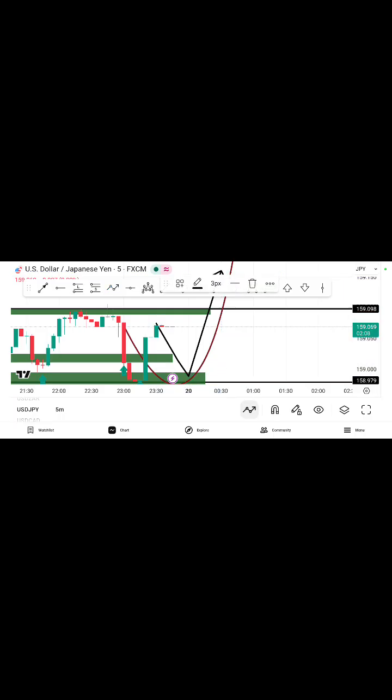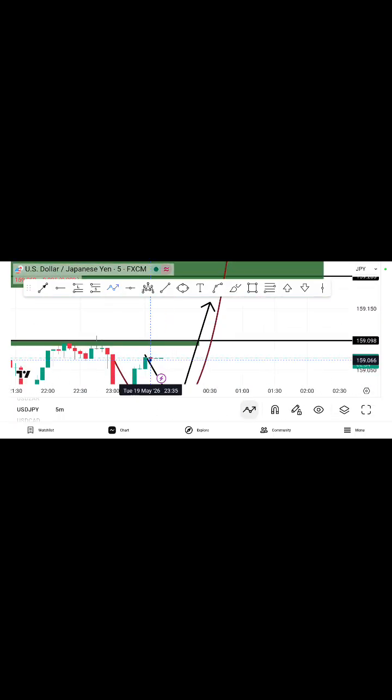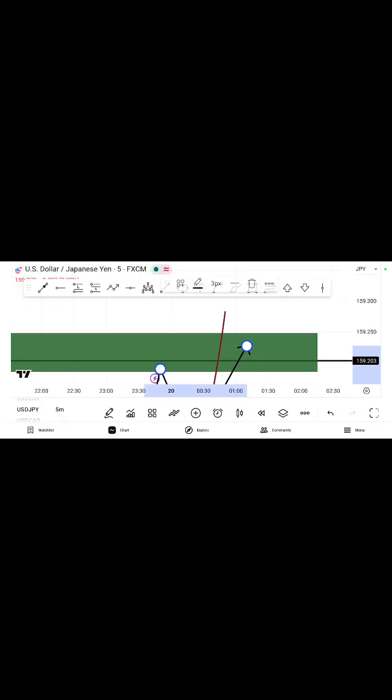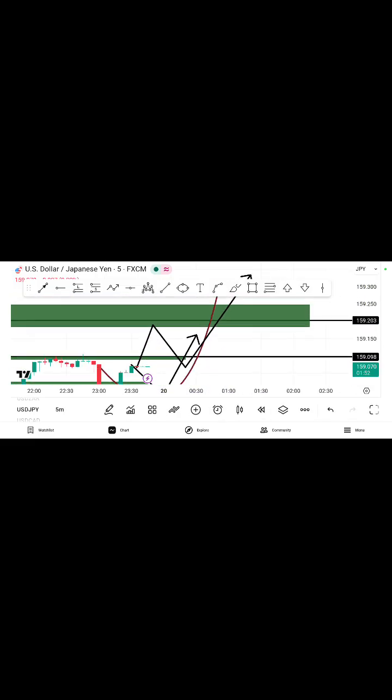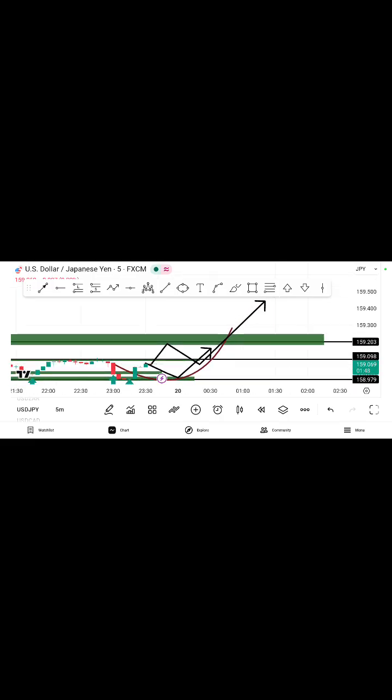Or we must wait for the market to break, come and retest around here. It might dip, it might do whatever it wants, but around here, this is where we buy. That's where we want the market to break, and then that's where we expect the market to move in our direction.